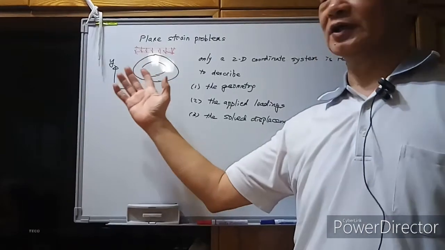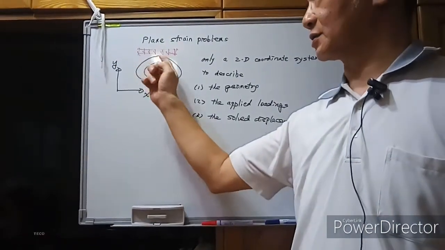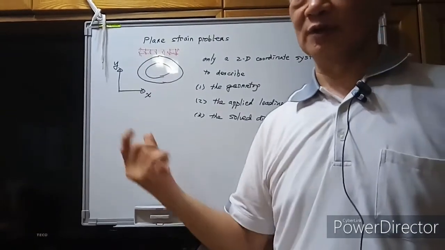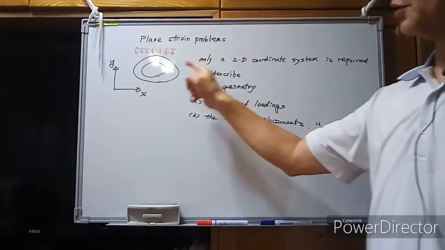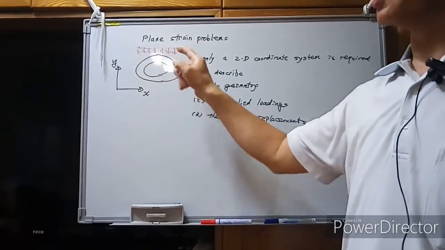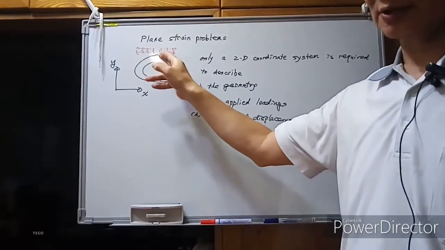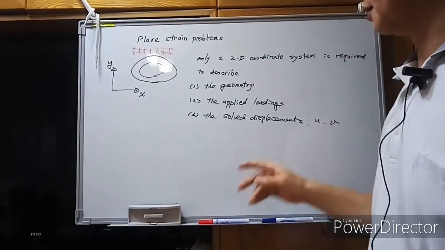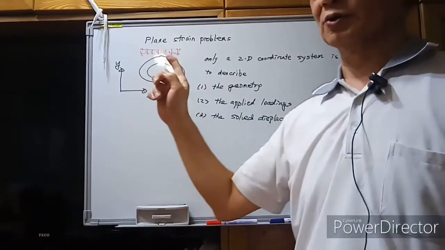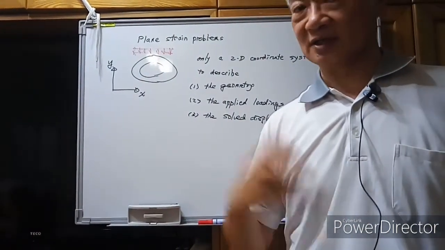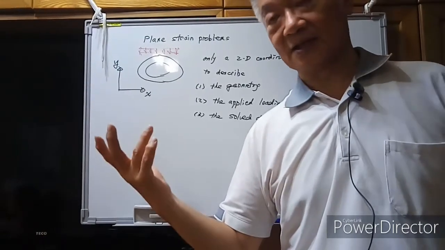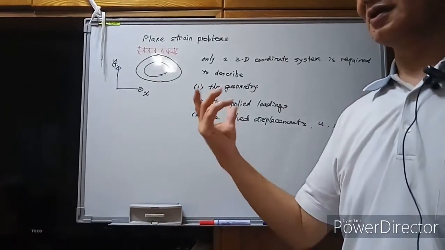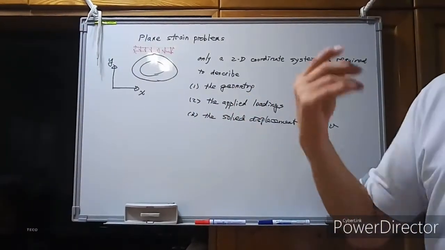Remember, no matter which point you are considering in the structure, the w displacement is always equal to 0. So for any point on the cross sections, the only displacements we need to describe are the displacements along the x and y directions. Those are the only two non-zero displacements.